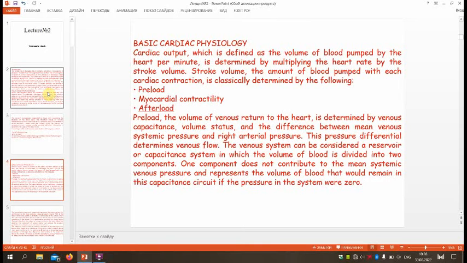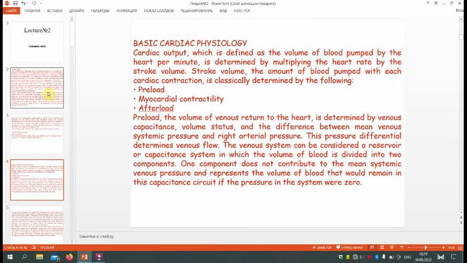Preload, the volume of venous return to the heart, is determined by venous capacitance, volume status, and the difference between mean systemic venous pressure and right atrial pressure. This pressure differential determines venous flow. The venous system can be considered a reservoir or capacitance system in which the volume of blood is divided into two components.